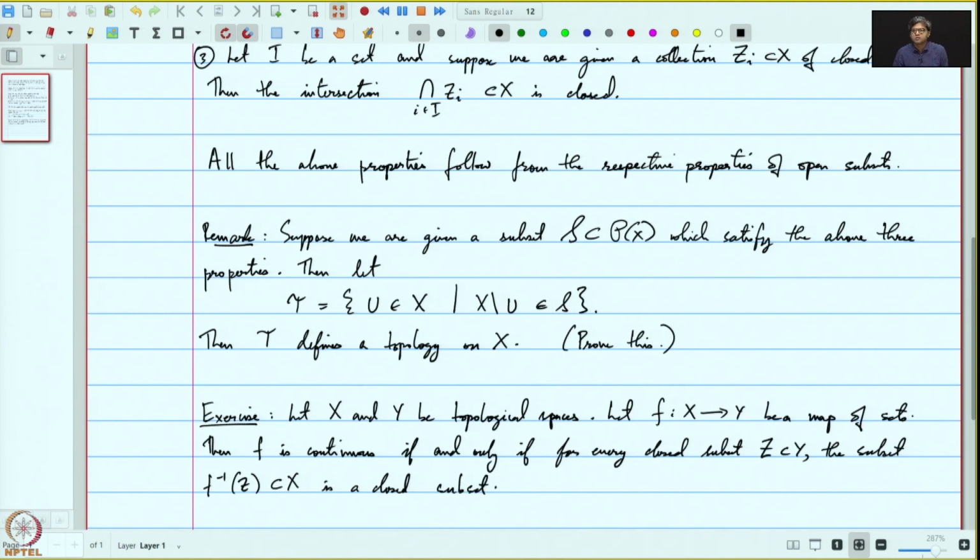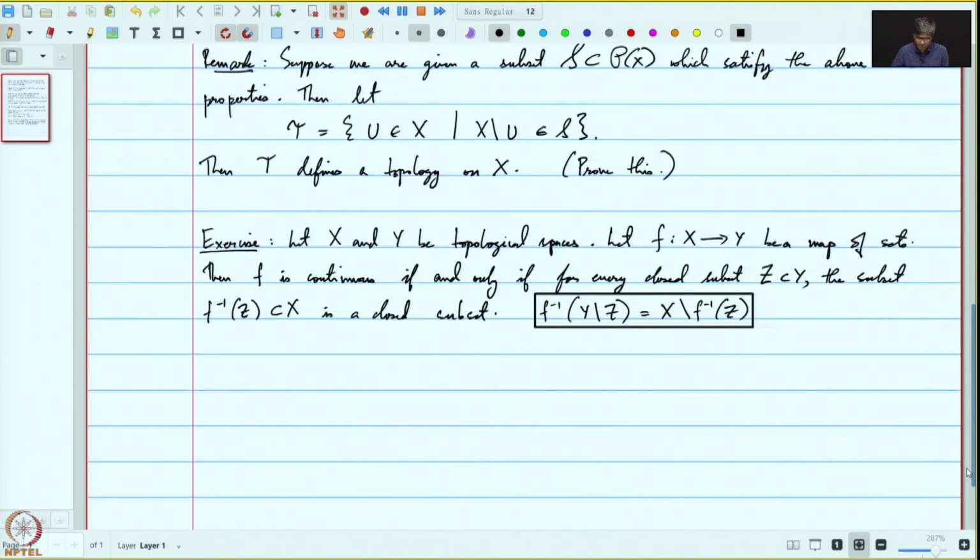Okay. So the main point behind this exercise is this easy check that F inverse of Y minus Z is equal to X minus F inverse Z. So we have to use this well-known property of the inverse image of a map.